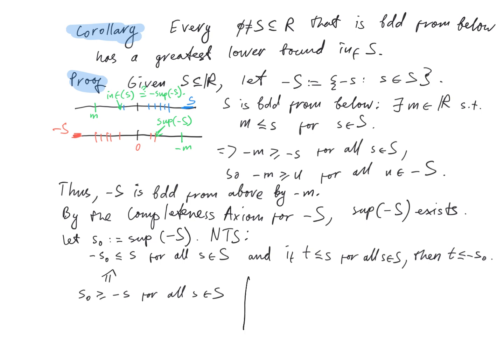For the second part, assume that T is less or equal than S for all S in S. This is equivalent to minus T greater or equal than minus S for all S in S, multiplying both sides of the inequality by -1, which is equivalent to minus T greater or equal than S prime for all S prime in the set minus S, by the definition of the set minus S. Hence, since S0 is the supremum of the set minus S, this implies that minus T is greater or equal than S0.